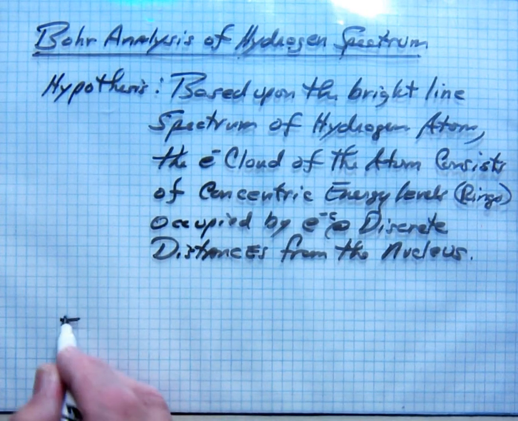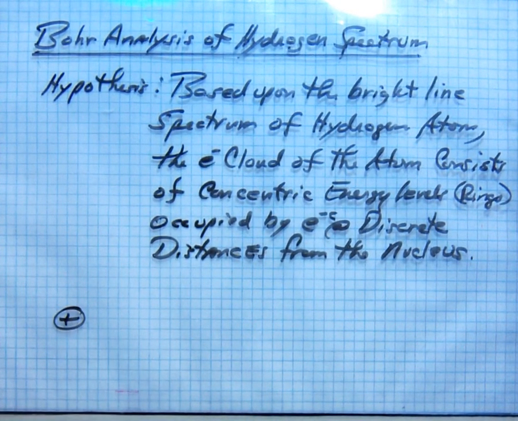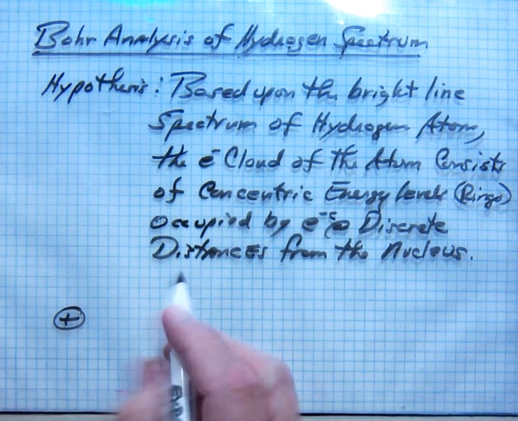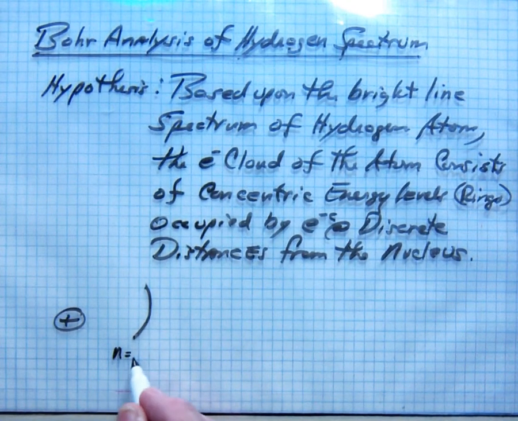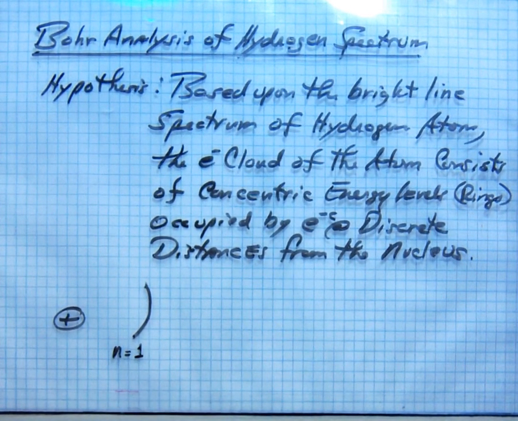So they are saying that here is the hydrogen nucleus, which is a proton, and we have a ring going around it. Now, that's only a fragment of the ring, of course, and we're going to call that ring N equals 1, first energy level.